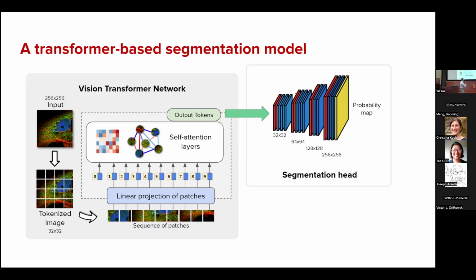The way it works is it takes an image and splits it into so-called tokens, which are useful for creating a sequence. In this context, it's not a sequence of words, it's a sequence of little patches that come from the original image.